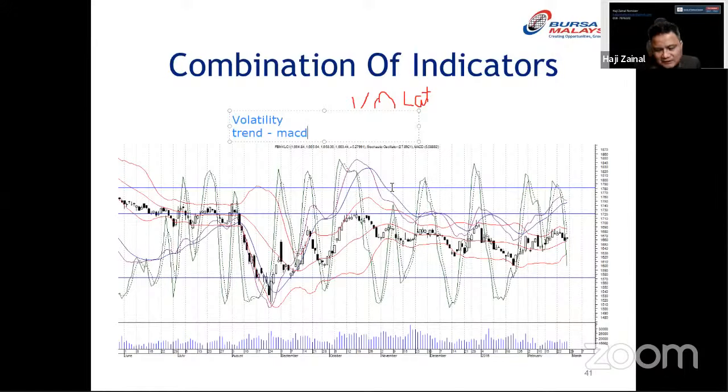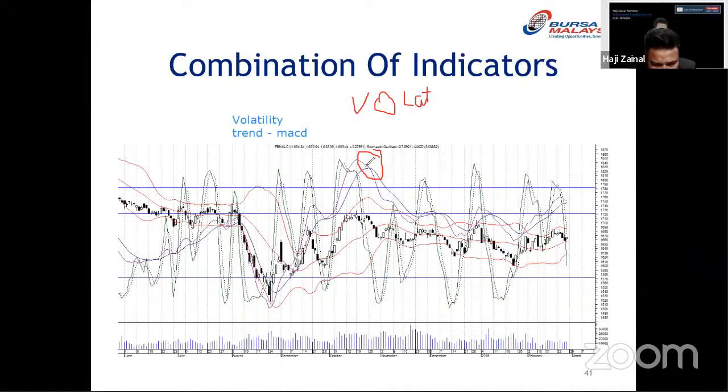This is the MACD. You can see, for example, here, this is a crossover. Let me draw it. Here you can see there is a change, the starting of the downtrend.